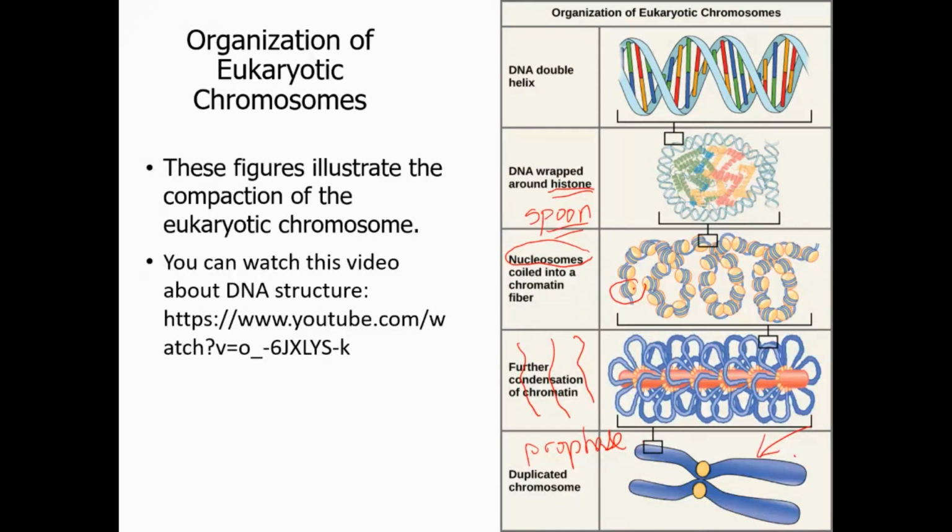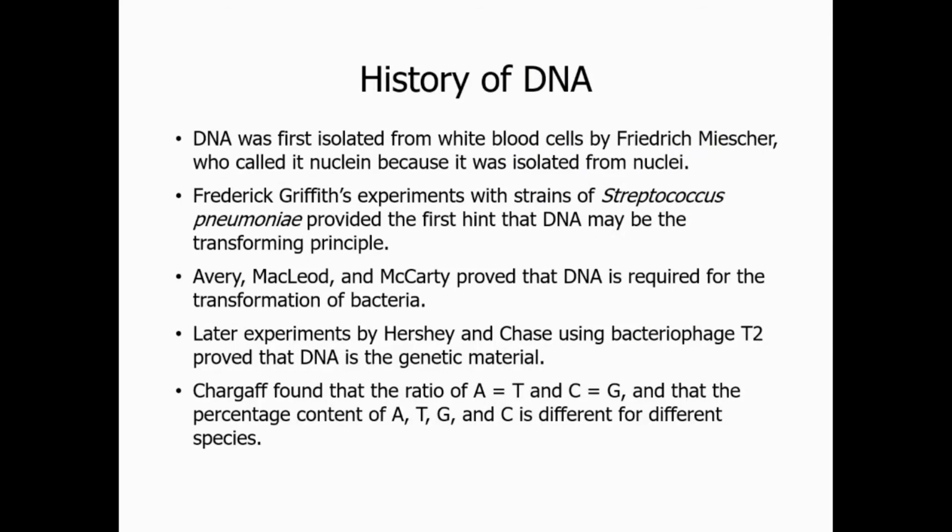All right. So there's a video there. You can actually look at the video. It's a pretty cool animation to show you how DNA is condensed, how it coils to form all these structures.